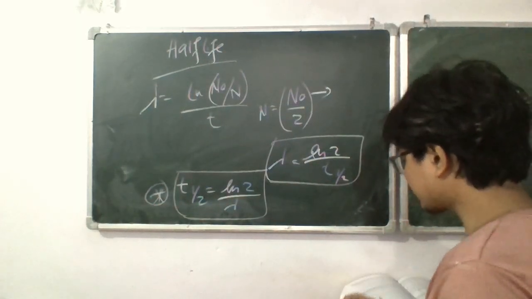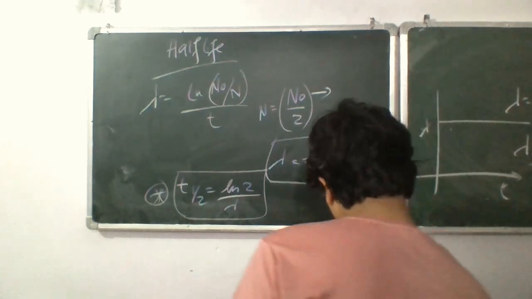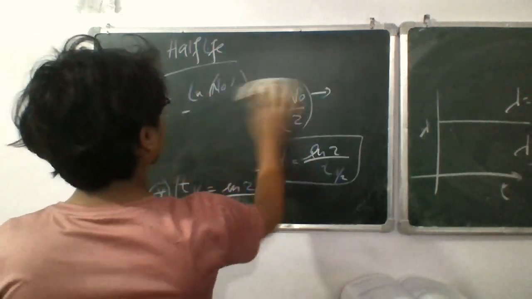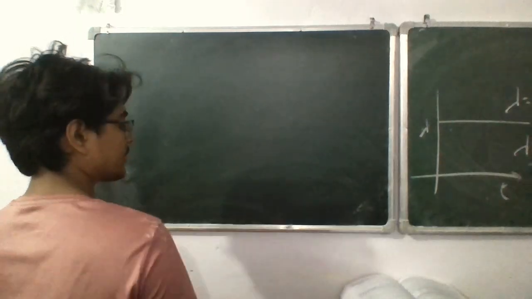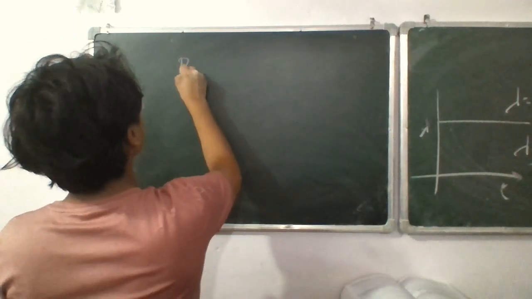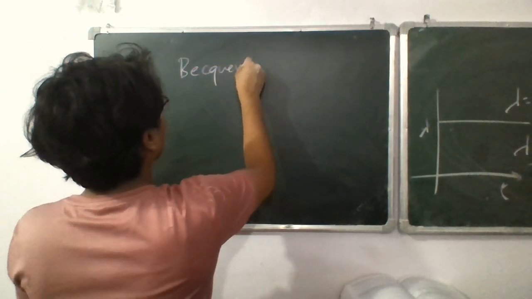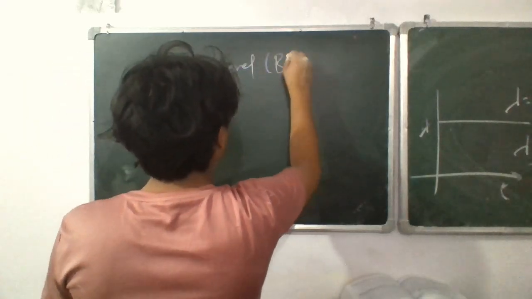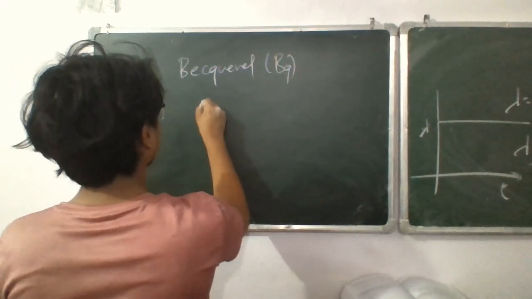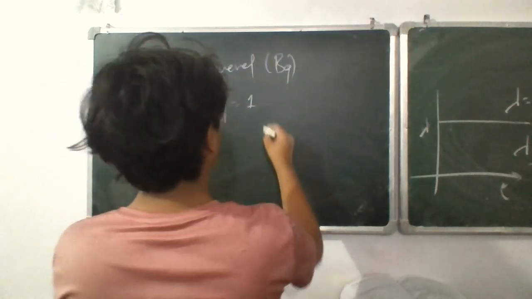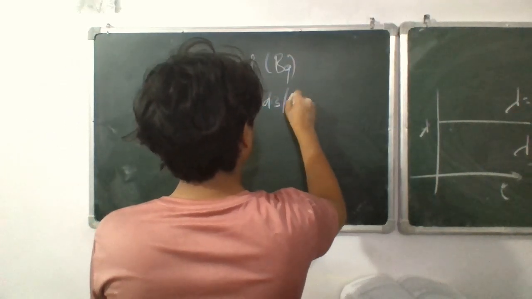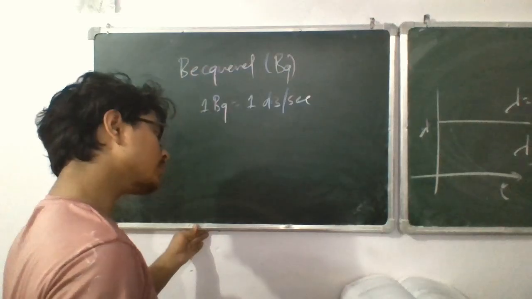Now let's talk about the units of radioactivity. When we talk about units of radioactivity, we all know one of the units is the becquerel, denoted by Bq, and 1 Bq is equal to 1 disintegration per second.